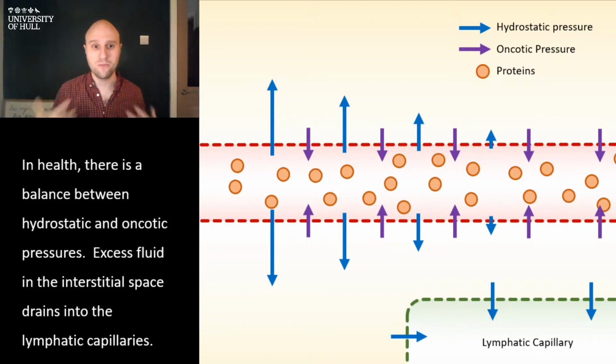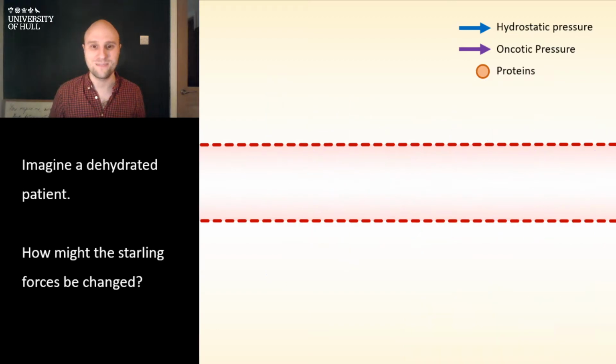And for completeness, the excess fluid that is pushed out by the hydrostatic pressure but doesn't return back to the intravascular space we would refer to as net filtration. So hydrostatic pressure, oncotic pressure, net filtration, they're the three key ideas.